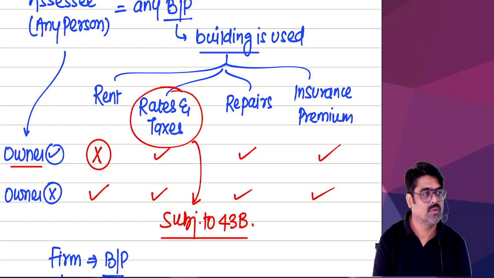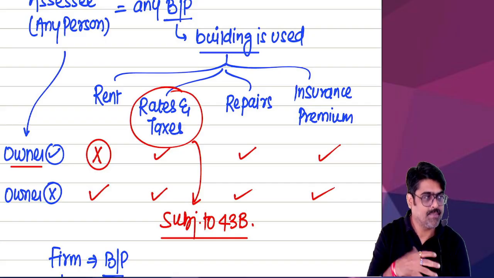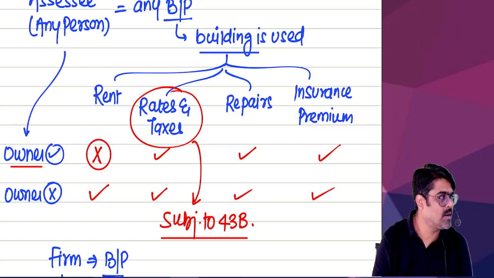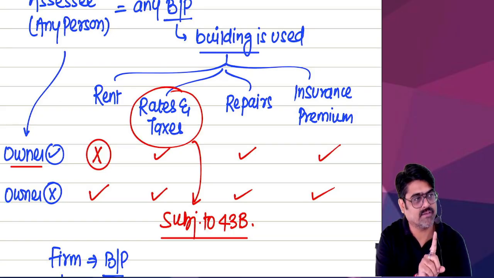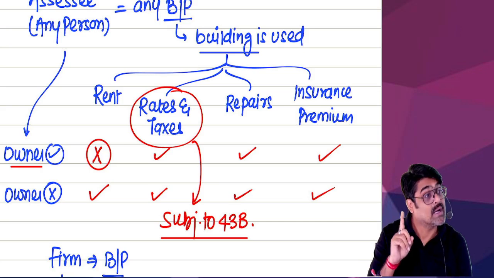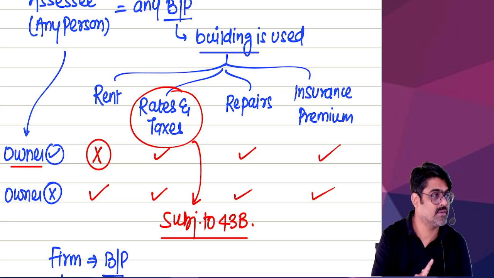What I will have to do? The cost of that capital repairs, I will have to add in the cost of my building. It will be allowed in small parts in the form of depreciation. Yes or no? But I cannot claim it under section 30. Section 30 gives the deduction only for current repairs. Current repairs, yes or no?